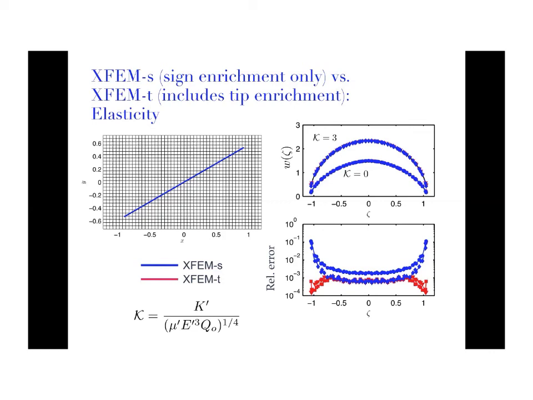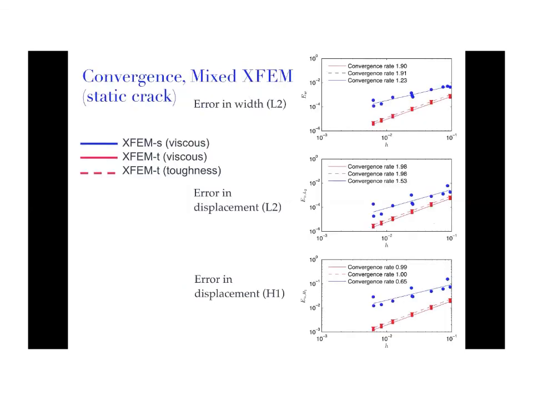You see where zeta is -1 and +1, these are the crack tip locations, and the error in red goes below 10^-3, while in the sign-enriched case in blue it goes to 10^-1. But far from the crack tips, both methods give an okay solution. So basically the convergence rates are okay for both of those methods.